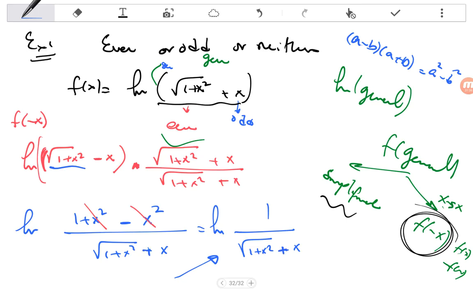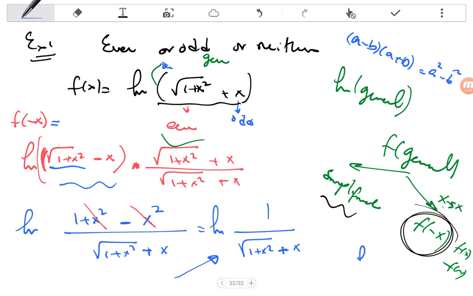If I take what is inside the ln of f of minus x and multiply by the conjugate in the numerator and the denominator, I will just get that expression.